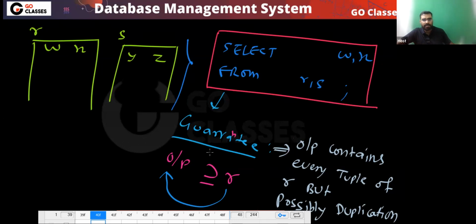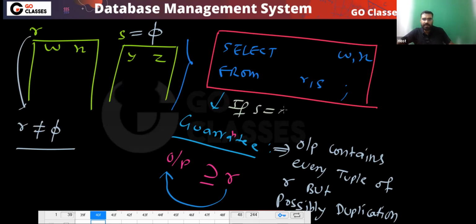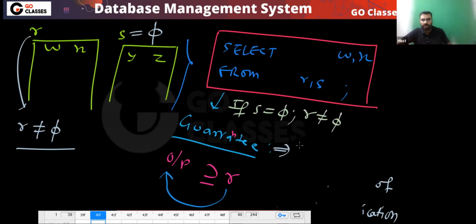And actually, this can only happen with what? If S is empty, now what will happen? Let's assume R is not empty. If S is empty and R is not empty, what will be the output?